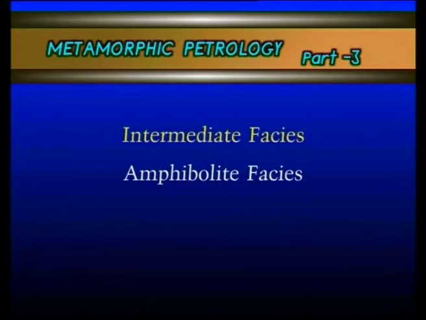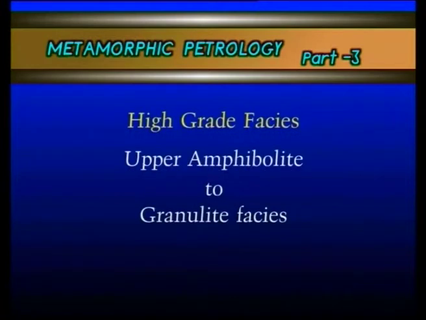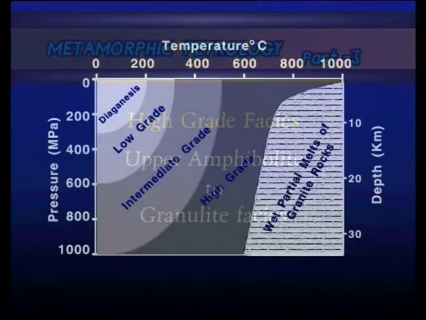If we move from very low grade towards high grade phases, the higher grade phases normally represent the greenschist phases, and similarly intermediate phases represent amphibolite phases, and high grade phases indicate the upper amphibolite to granulite phases.